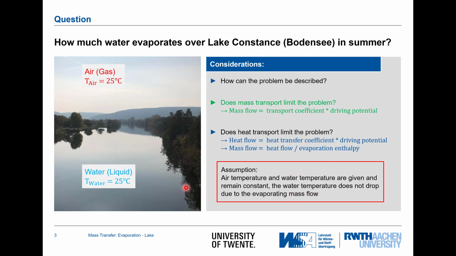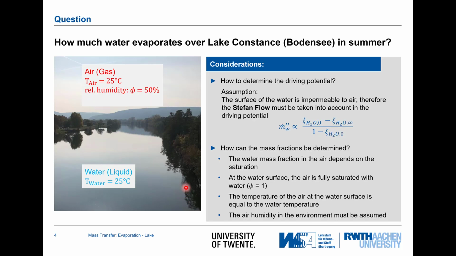Now, if you want to do the calculation, we need to determine the driving potential. So, as in our derivation for the Stefan flow, we assume that the water can leave the liquid, but air cannot enter the liquid.